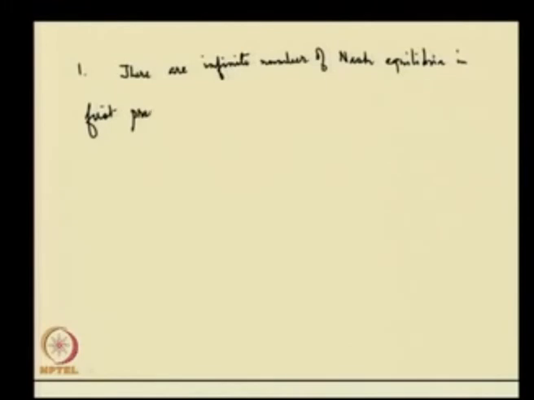So, the answer to the question is that there are infinite number of Nash equilibria in the first price sealed bid auction, and we were supposed to give some examples of such Nash equilibria.